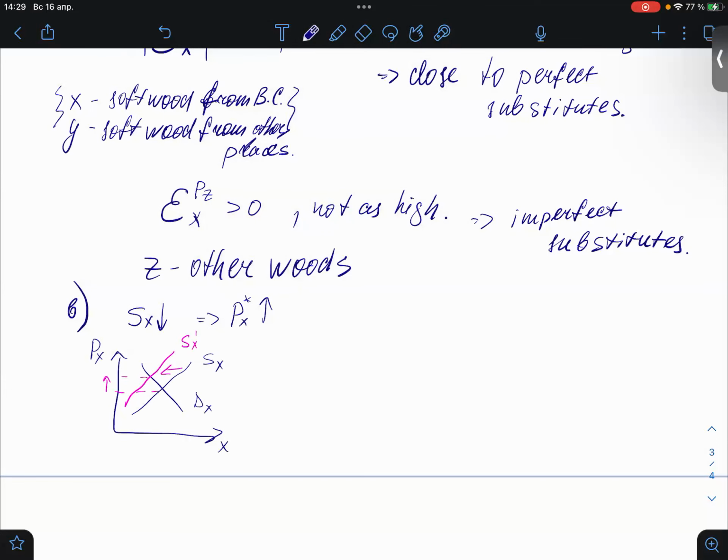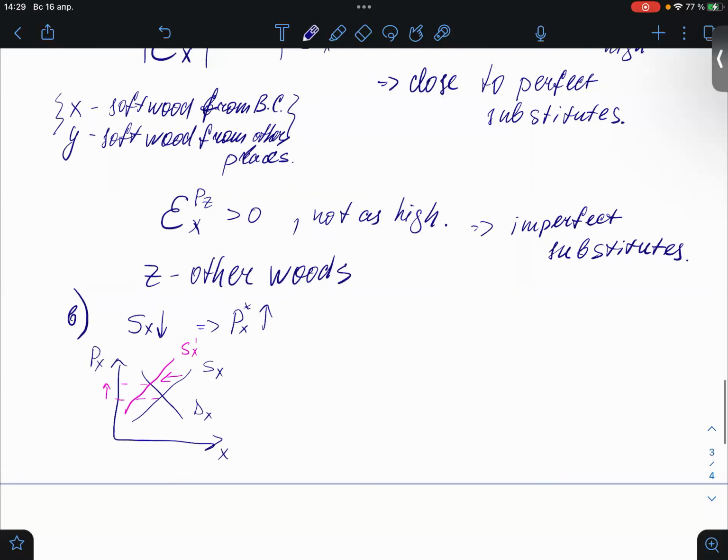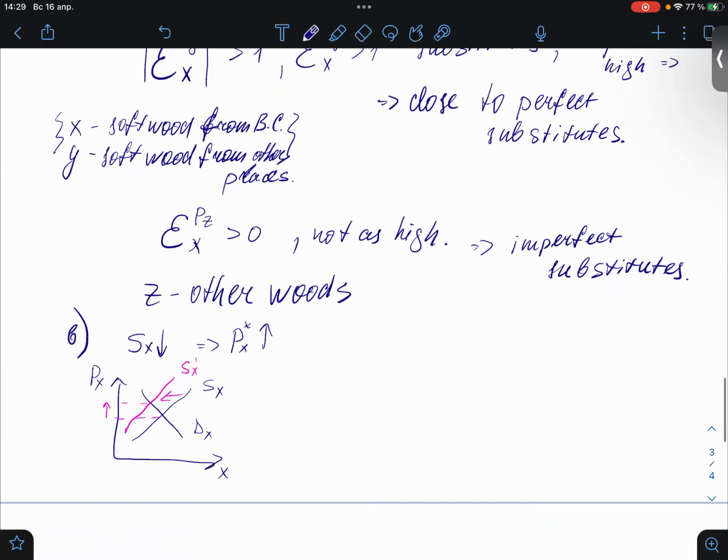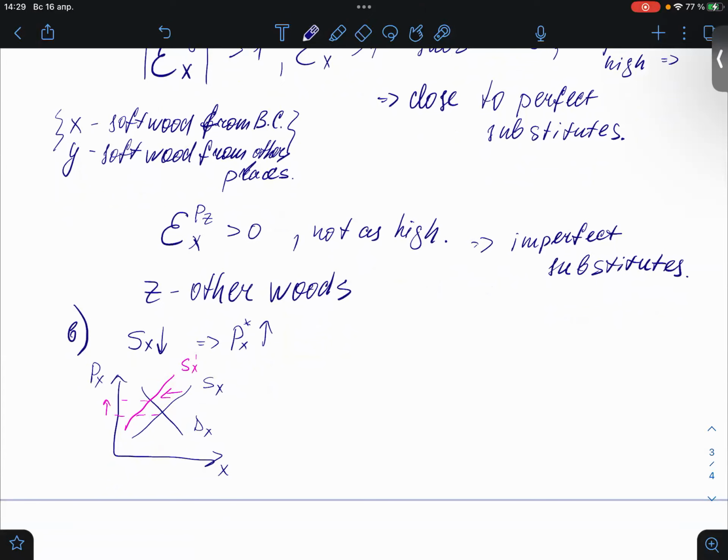What else do we know? We also know that softwood from British Columbia and softwood from other places are substitutes. And if the price for softwood in British Columbia is now higher, we will switch to softwood from other places.